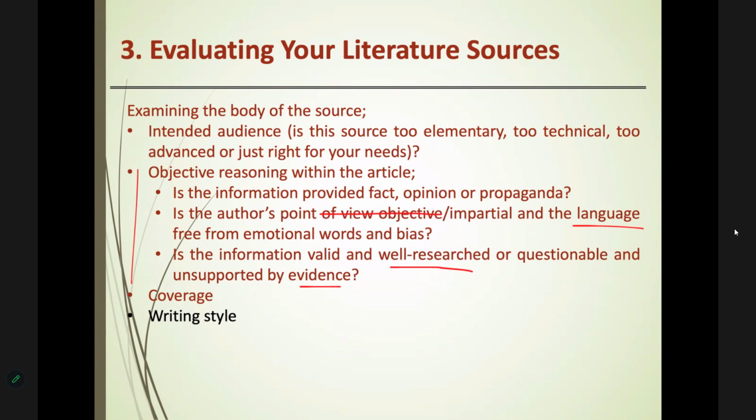And then you do a scan of the body of the source. You read and see to whom it is written, what level of research it covers, what the writing style is, whether it is impartial, whether it is well researched. All of these things you can establish. That is called evaluating the literature sources.